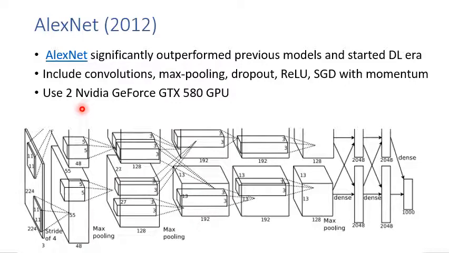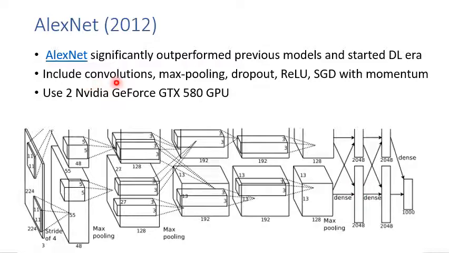So Alex decided to split the model across two NVIDIA GeForce GTX 580 GPUs, then combine the outputs of the two ConvNets and make the final predictions. Today, our GPUs are all large enough so we can use only one branch.